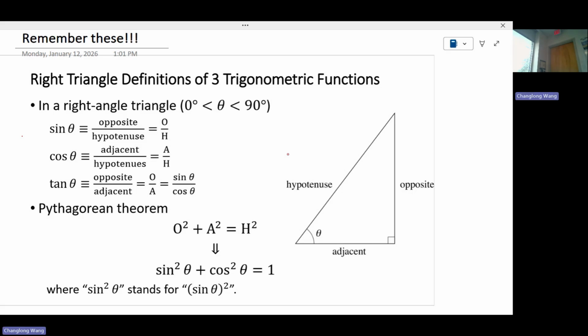No laptops, iPads, or any kind of notes, cheat sheets. We have to learn the other identity, not this one for now. Don't worry about it. Just know that the ratio of opposite over hypotenuse is sine, adjacent over hypotenuse is cosine, and opposite over adjacent is the tangent.